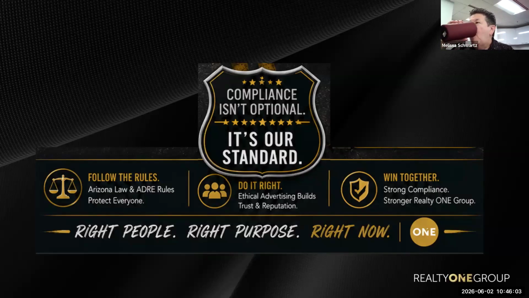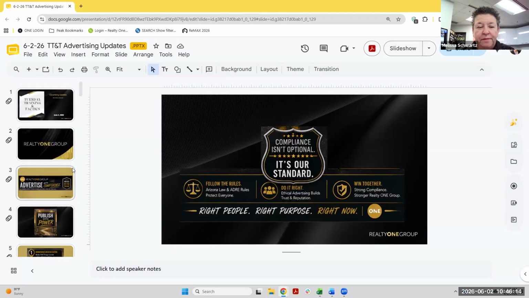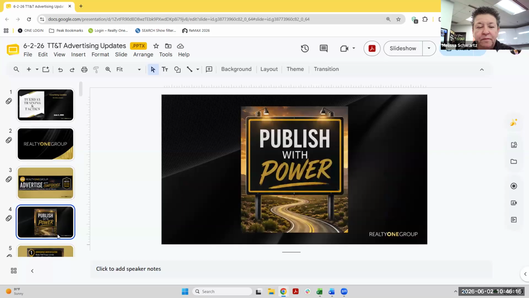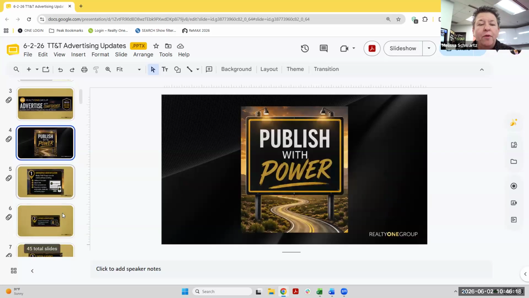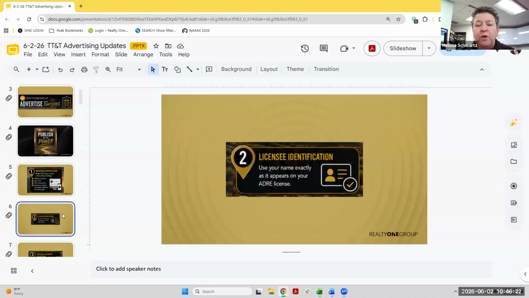Number 2, your licensee identification, use your ADRE name. My name is listed as Linda S. Childers. So do I put that on my social media pages, Linda S. Childers? No. I don't believe you have to.